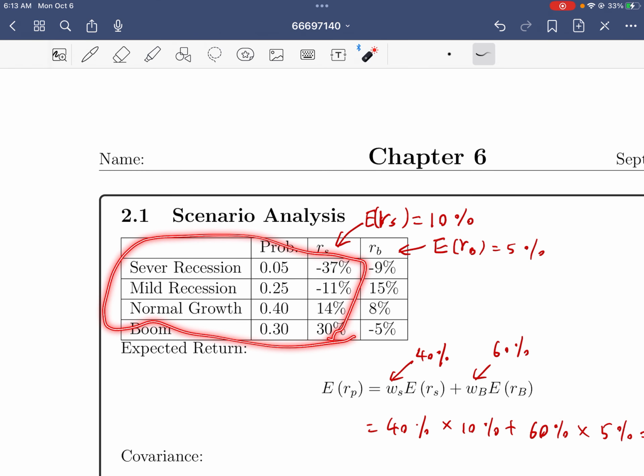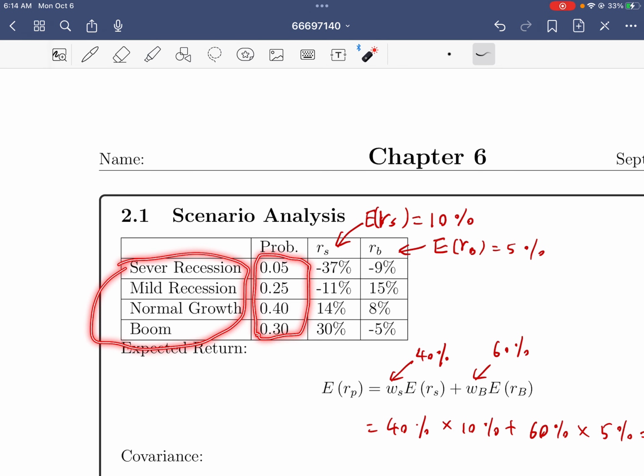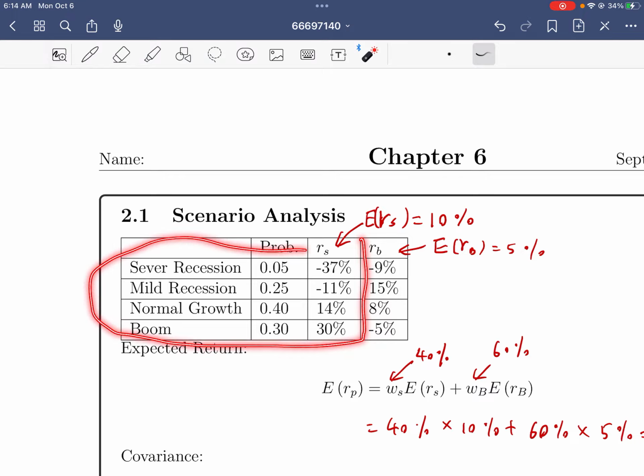As we talked about in chapter 5, we can have, for example, 4 scenarios. Under each scenario, we have a specific probability. Then in chapter 5, we looked at how to calculate the expected return of scenario analysis.